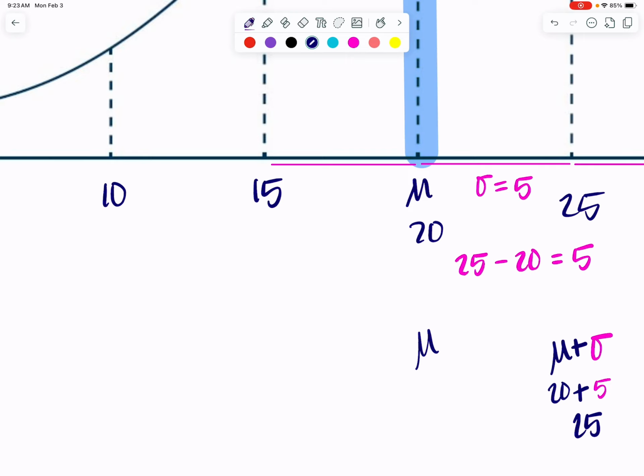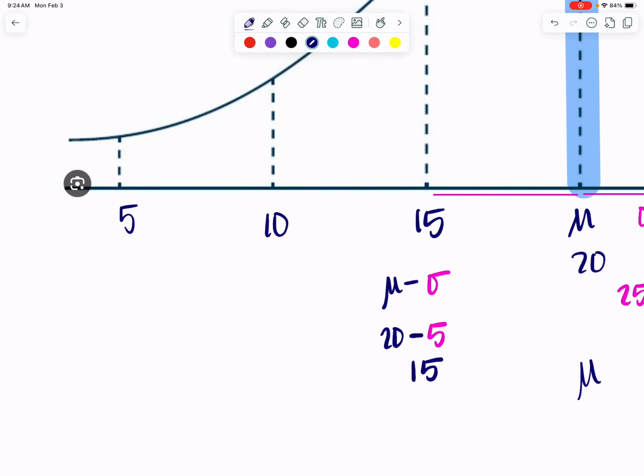So 15 would be the result of mu minus sigma. So our average was 20. Our standard deviation is still 5. We're just going to the left, so we subtract. So there's that next set of data.